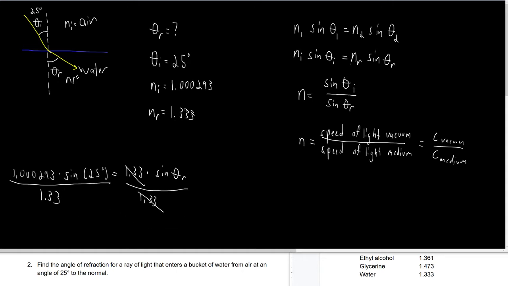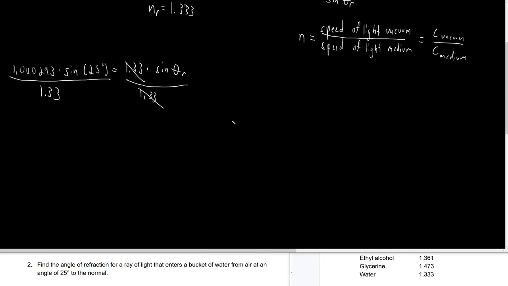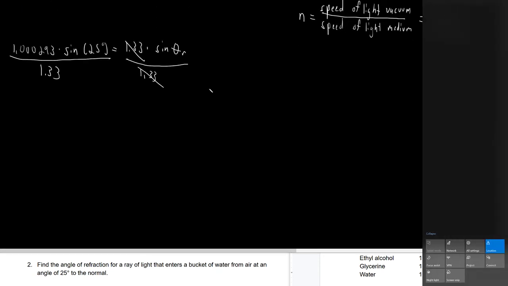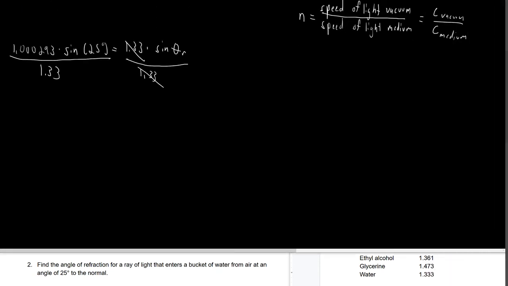Now, to go from the sine of theta to just the angle theta itself, I need to take the inverse sine of everything over here, all over 1.33.